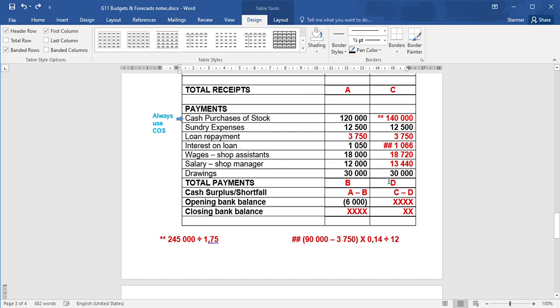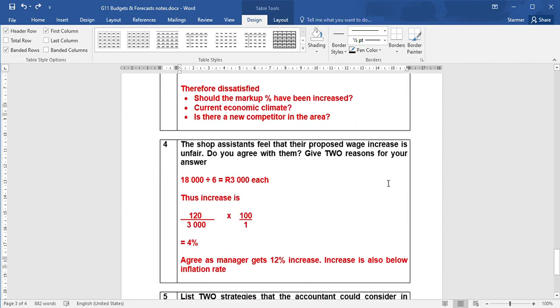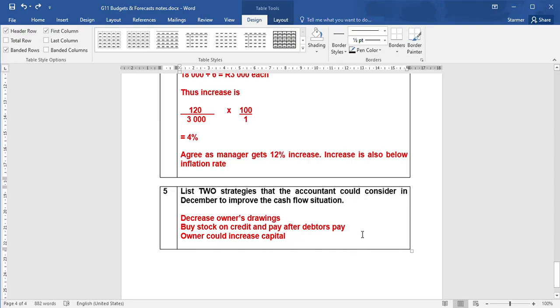Perhaps that's too high considering the financial state of the business going forward. Maybe you should consider buying stock on credit. Remember, you buy for cash only. If you can do that and pay your creditors after debtors pay you, you can use debtors' money to pay back your creditors, and that will help your cash flow. Maybe the owner could increase his capital, put in more capital, and so on.